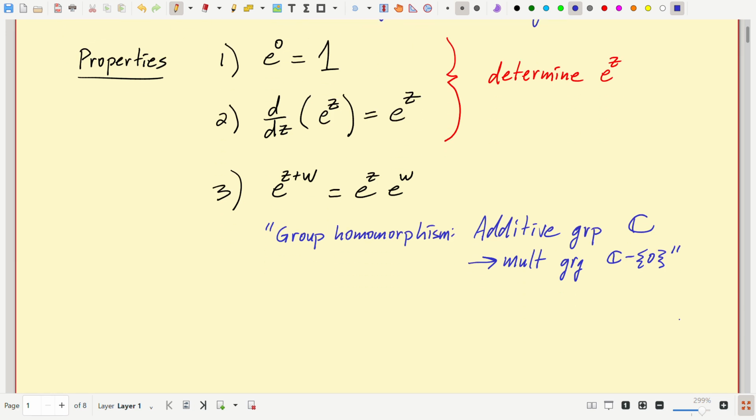Now if I were to mess around with number 3 there, it would show that e to the minus z is 1 over e to the z. And consequently, you realize e to the z can never vanish. E to the z is never 0.